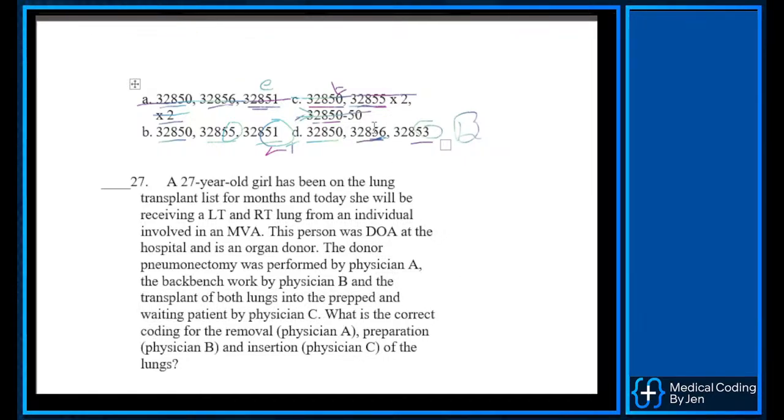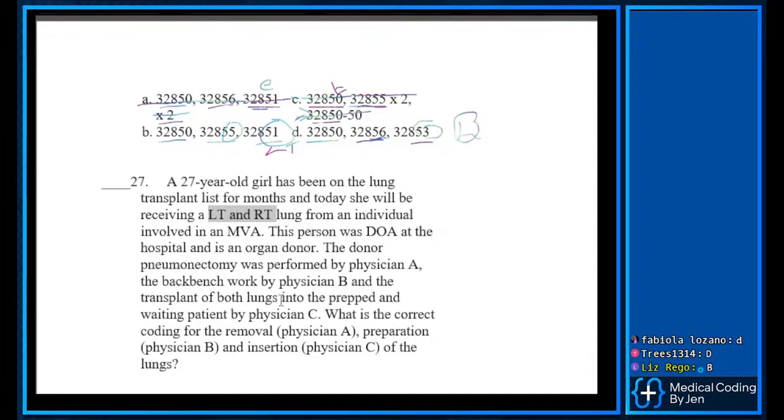If that's too hard, we can look at our 55 and 56. That's just unilateral or bilateral too. 55 is unilateral, where 56 is bilateral. This one right here and this one right here. So how many lungs do we have? From beginning to end, we had bilateral, both lungs.